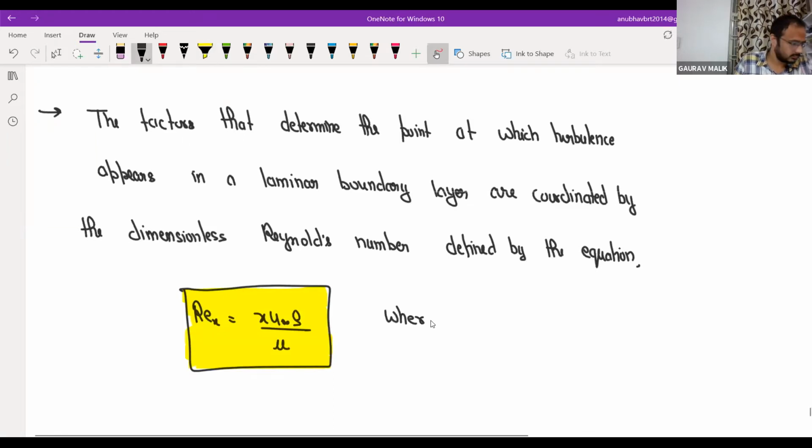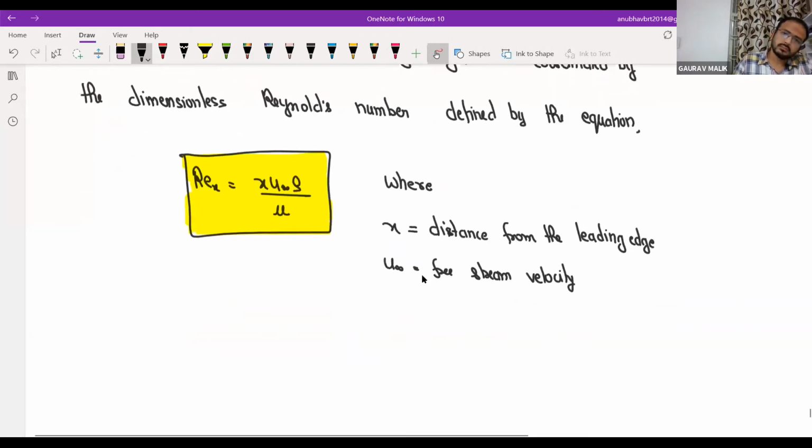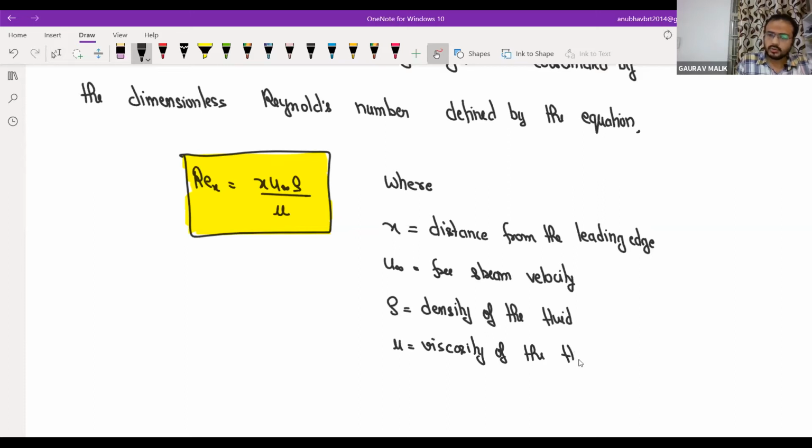Where x is the distance from the leading edge, u infinity is the free stream velocity, rho is the density of the fluid, and mu is the viscosity of the fluid.